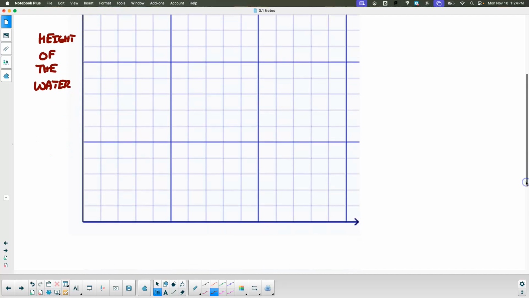This axis is time. So you need to come up with your story, and then you need to make me a graph of the height of the water versus time on it. Clear? And then we'll talk about it.